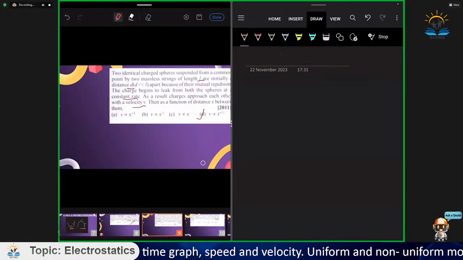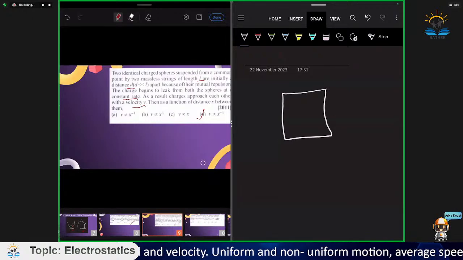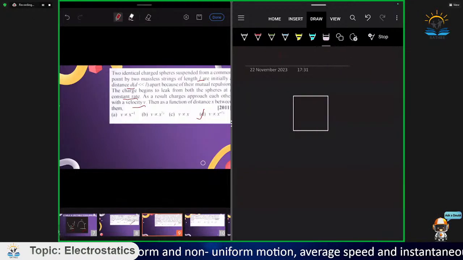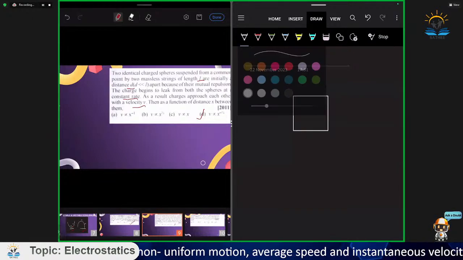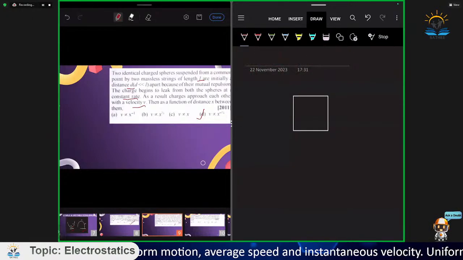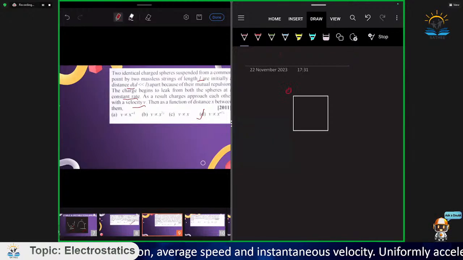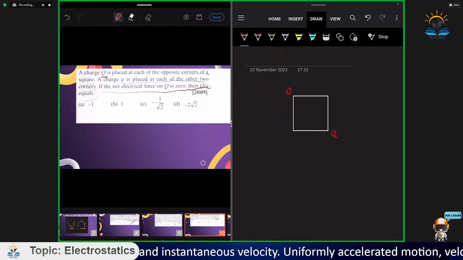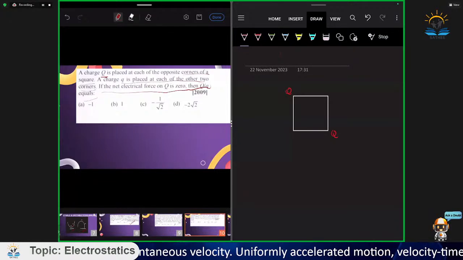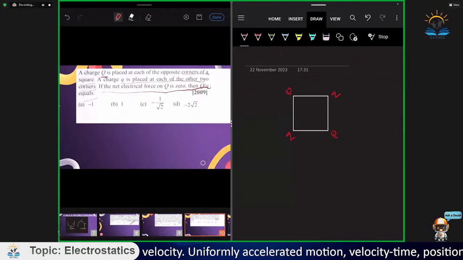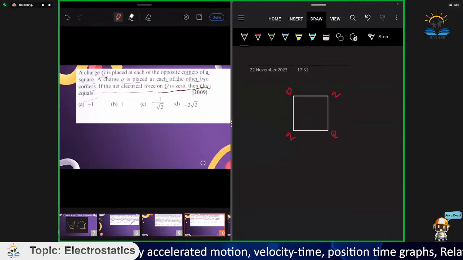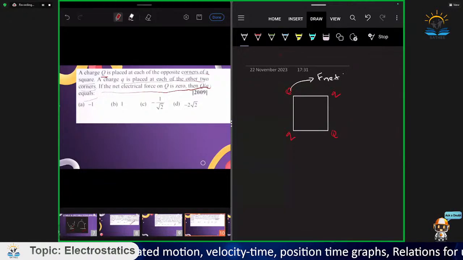So again, you can draw the diagram. So this is the condition. Suppose capital Q is here, capital Q is here. A charge Q is at each of the opposite corners, and small q at the others. The net electrical force on Q is 0, so net F here will be 0.